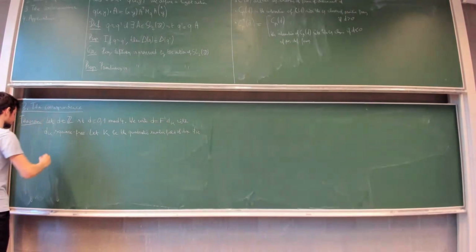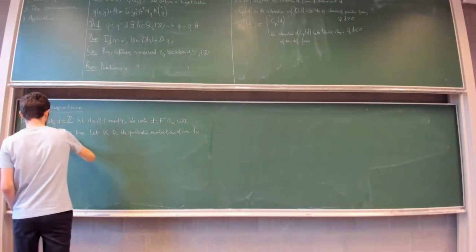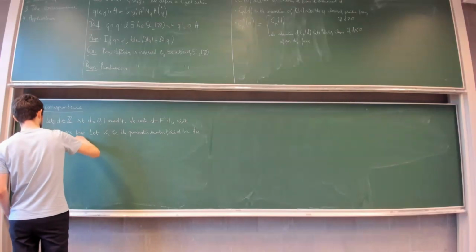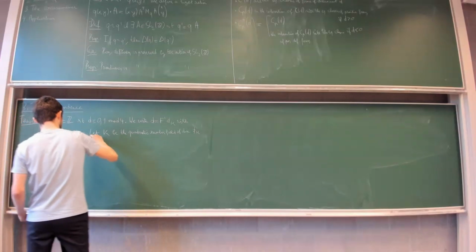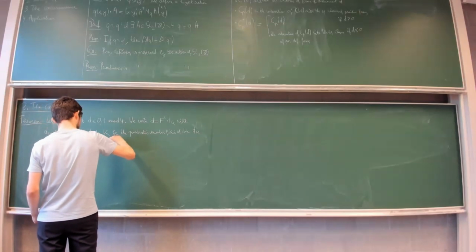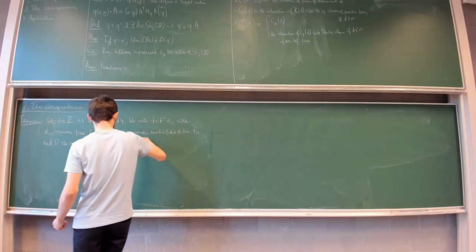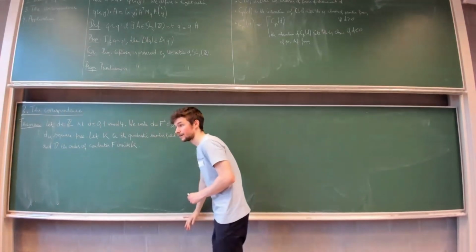And I also wrote F potentially, because we say that O is the order of conductor F. So now you can see where we are going.